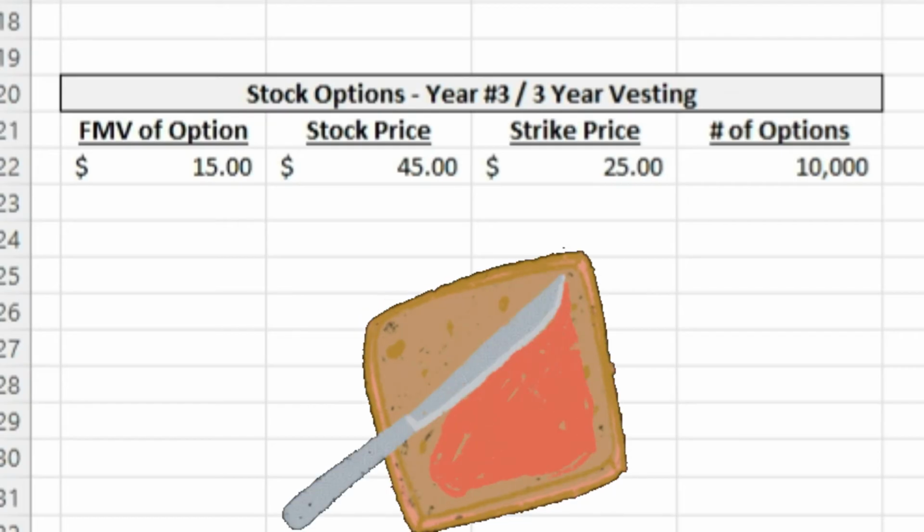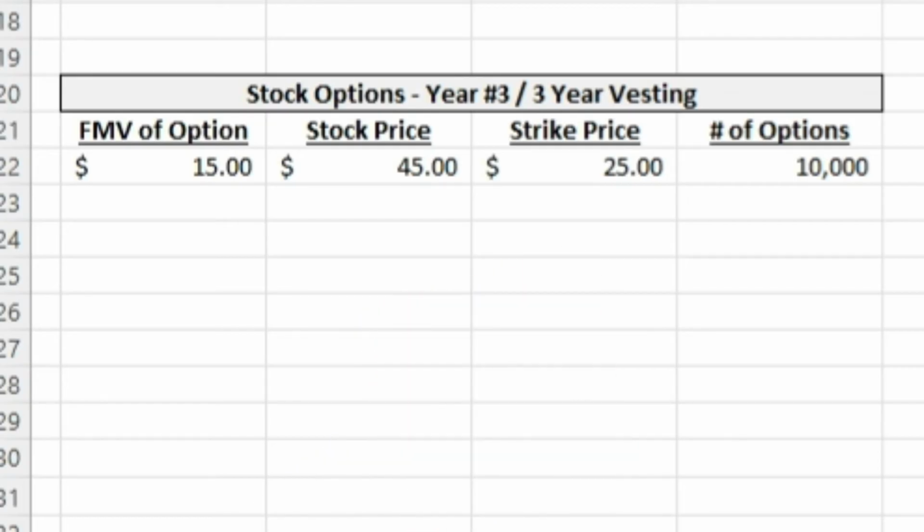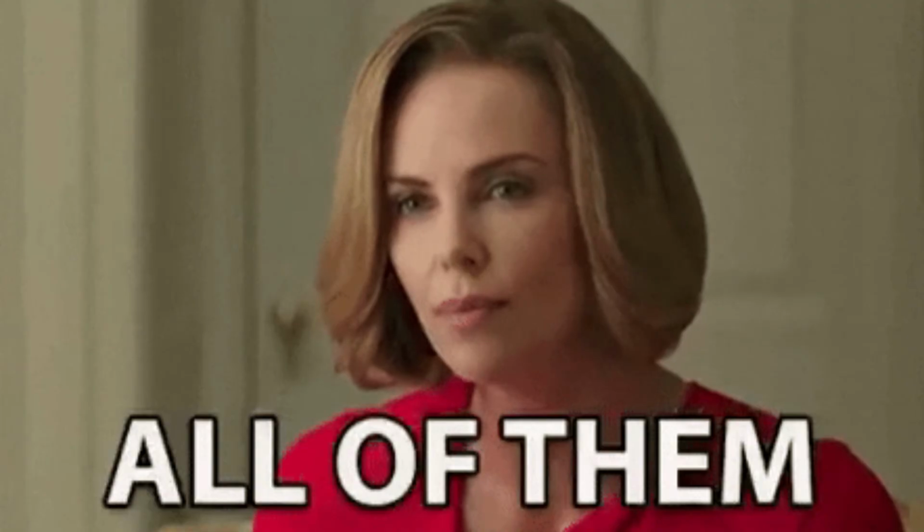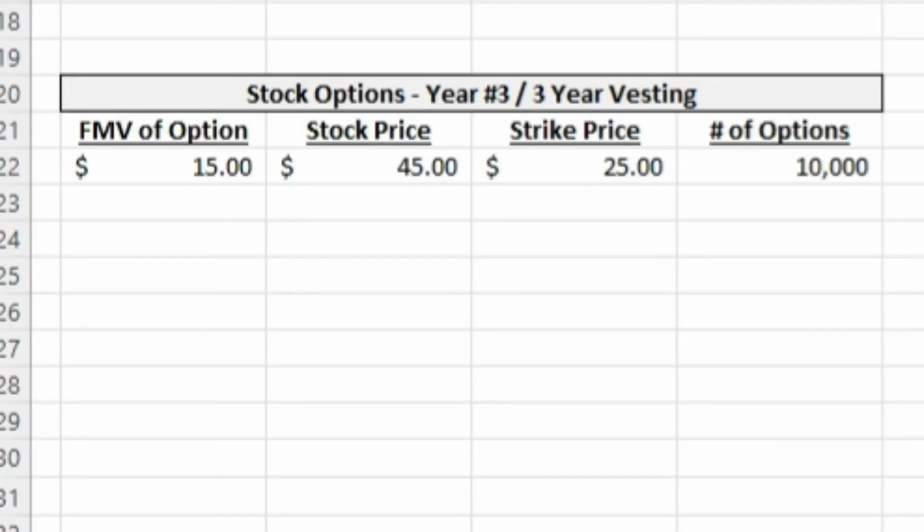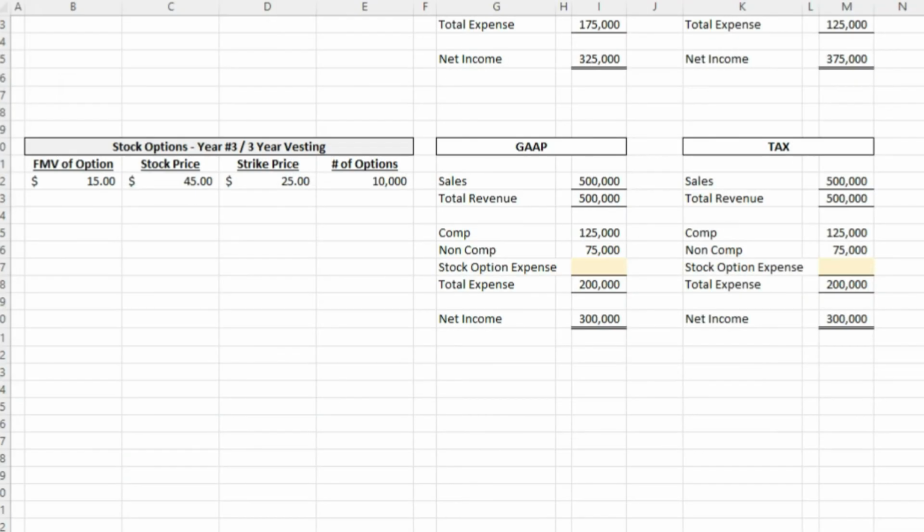So there is a gain, or a built-in gain, on these options right now. And we're assuming the person that received these stock options has exercised all 10,000 of those options. So let's see what happens from a GAAP and tax standpoint in year 3 based upon somebody exercising these 10,000 stock options in this scenario.